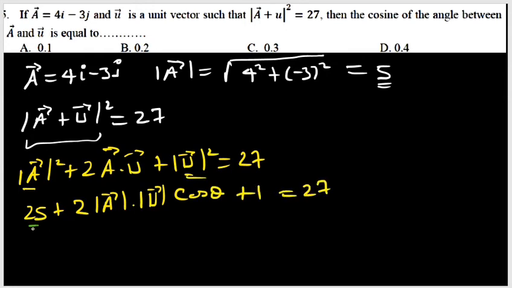But don't forget, 25 plus 1 is 26, and when you shift it, 1 remains. So 2 times magnitude of A, which is 5, times 1 times cos theta is equal to 1.